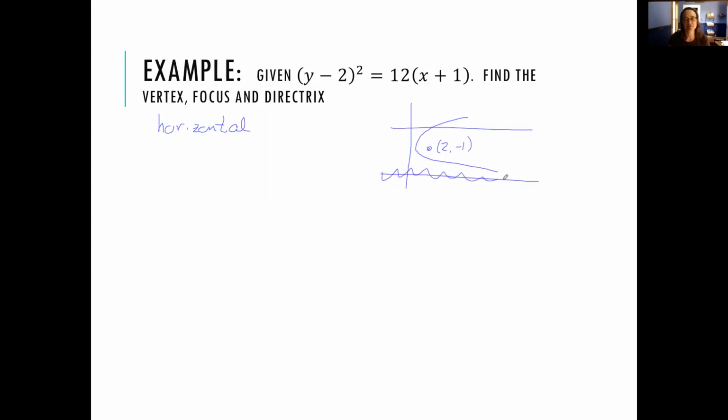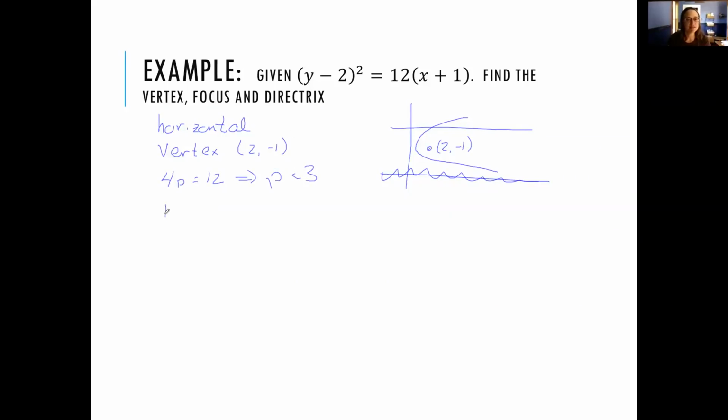Ignore that. Okay? So what do we know? We know the vertex is at the point 2, negative 1. We know that 4p equals 12, so p equals 3.